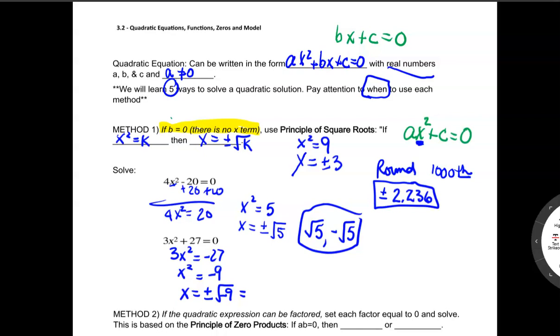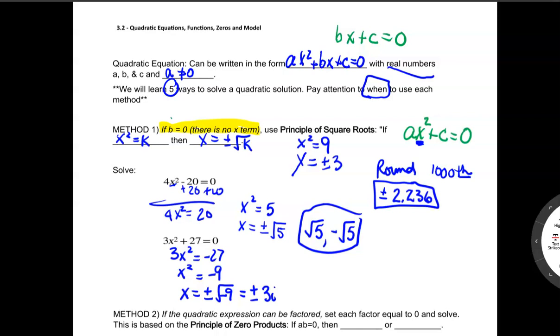Anytime you have a negative under the square root, that's an i. And then you look at what's left and decide, can I simplify further? So we have plus or minus i, and then the square root of 9 is 3. So we can just get rid of the square root completely and say 3i. And again, there's plus or minus, so there's a positive 3i and a negative 3i, 2 answers.